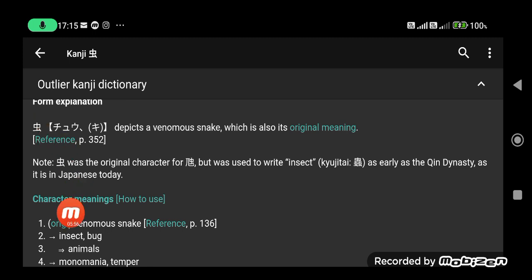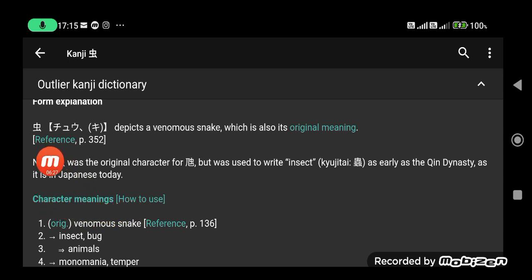Note: Chu, the kanji for today, was the original character for this long-handed ancient form Chinese character, but was used to write insect. The Kyujitai, or ancient form, is right here, and this is from the Qin dynasty.